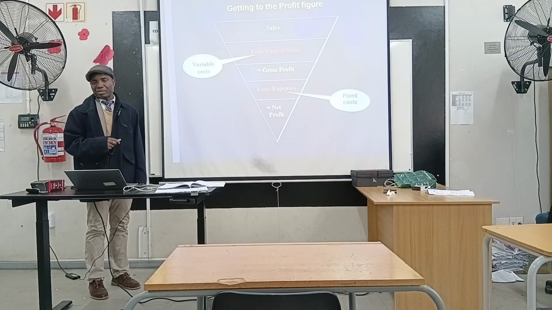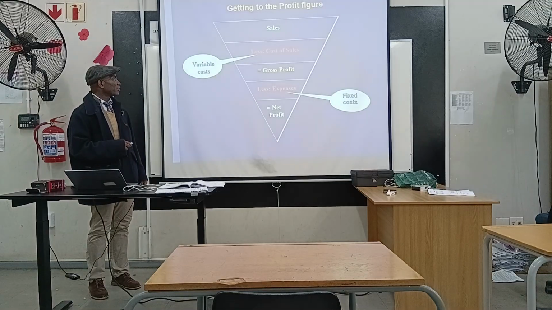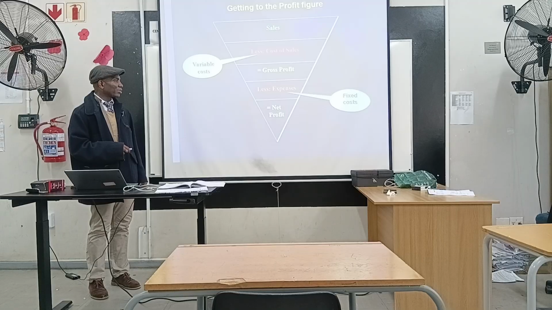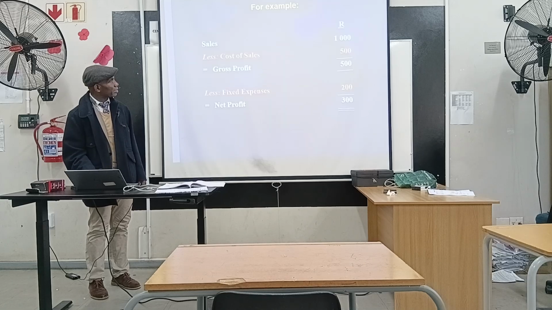The income that has been generated as a result of sales. Then you less cost of sales, which is the variable cost, right? Then it gives you the gross profit. Then from the gross profit, you less expenses. It could be fixed costs or any other expenses. Then you have the net profit. So this is how to calculate it.